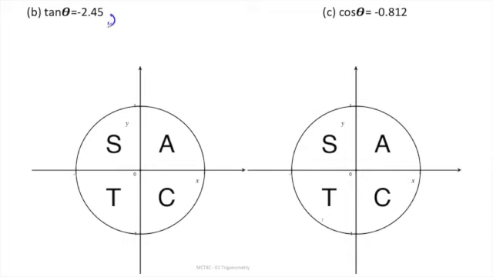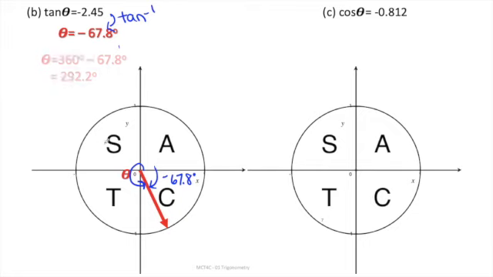Then you're going to draw that on your Cartesian grid to give you that terminal arm. Remember that you're going to have to find that principal angle. It can't be negative. So you're going to take 360 degrees and subtract the 67.8 degrees. So one of your angles is 292.2 degrees.